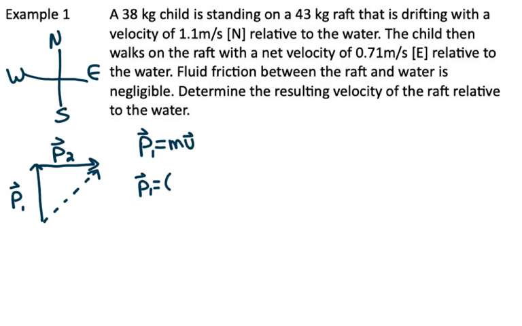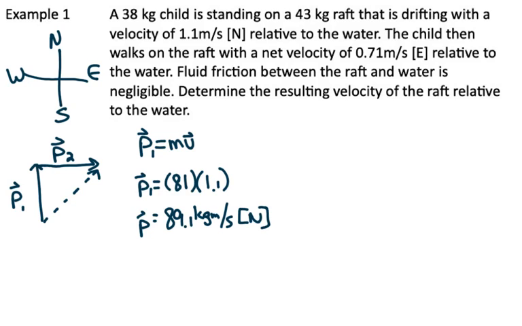So 38 kg plus 43 kg, 81, times the speed at which the raft is going north, which is 1.1 meters per second. Multiply that out, we get 89.1 kilogram meters per second, and that is in the north direction.